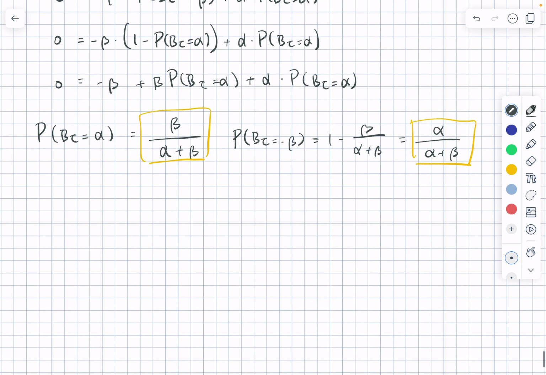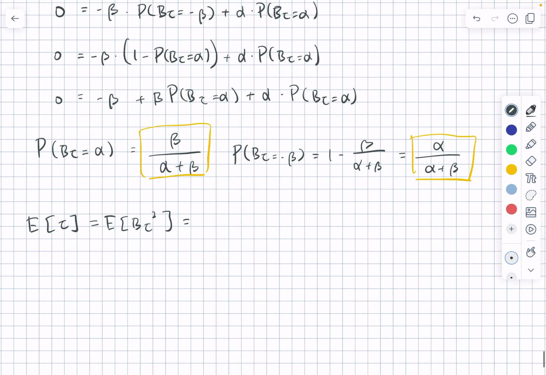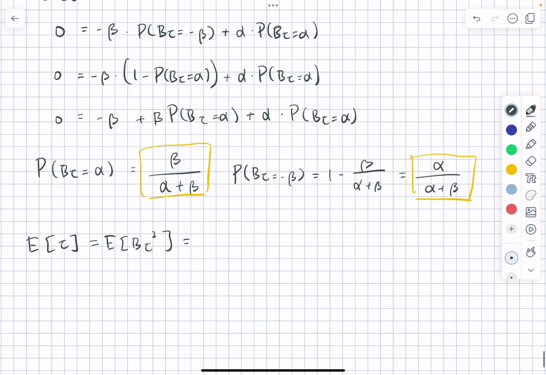Now, taking advantage of our equation, the expected value of tau equals the expected value of B_tau squared. Again, this is from a martingale, and we're going to cover that concept in a future video. So what's the expected value of B_tau squared? It's the squared values times their probabilities. The values are alpha and -beta.